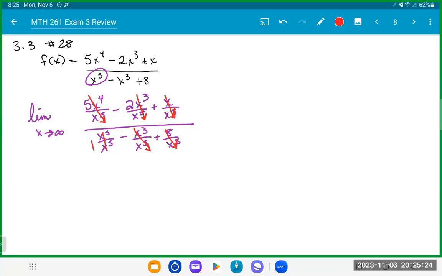Okay. And so we're left with this value, the limit is 0 over 1 as x approaches infinity. We don't have any x's to plug that into, so it just simplifies to 0. And therefore, I have a horizontal asymptote at the line y equal to 0.